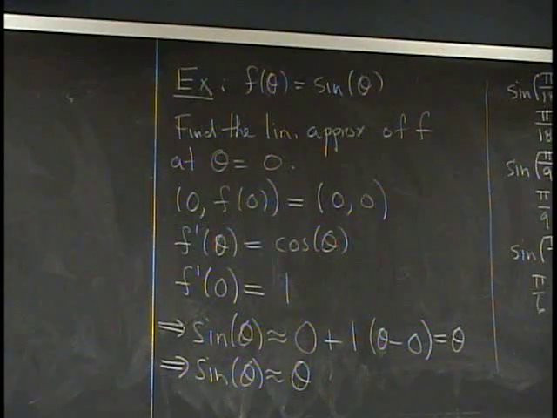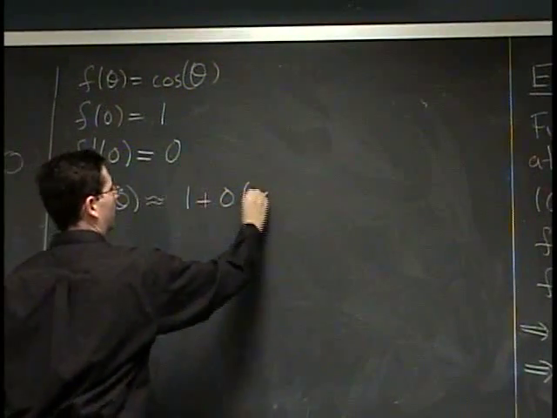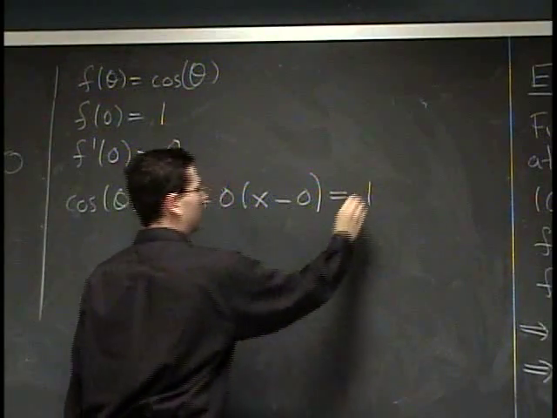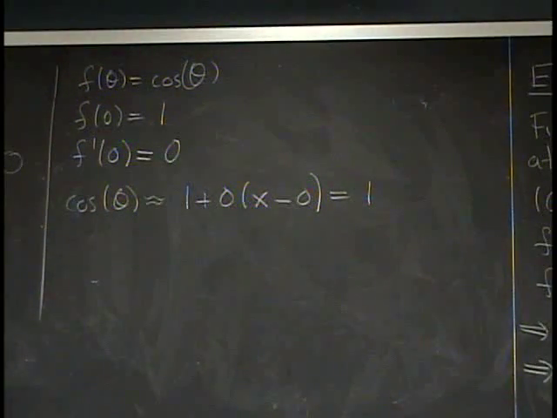And f prime of 0, we just computed that to be 0. And so cosine of theta is approximately equal to what? Well, 1 plus 0 times x minus 0, which is 1. So around 0, this function just looks like 1.